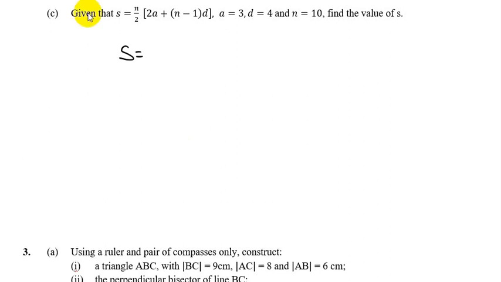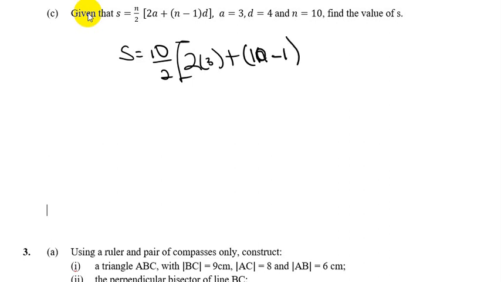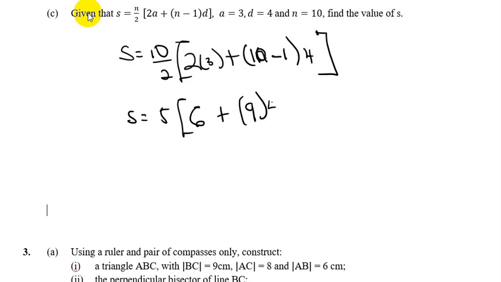That is all. S being equal to 10 over 2 bracket 2a, a is 3, plus another bracket n minus 1, and n is 10, so 10 minus 1 bracket close, d is 4. So 4. Okay. Then S will be equal to 10 divided by 2 gives us 5. Then we have 6 here, 2 times 3 gives us 6, plus bracket 9 times 4.